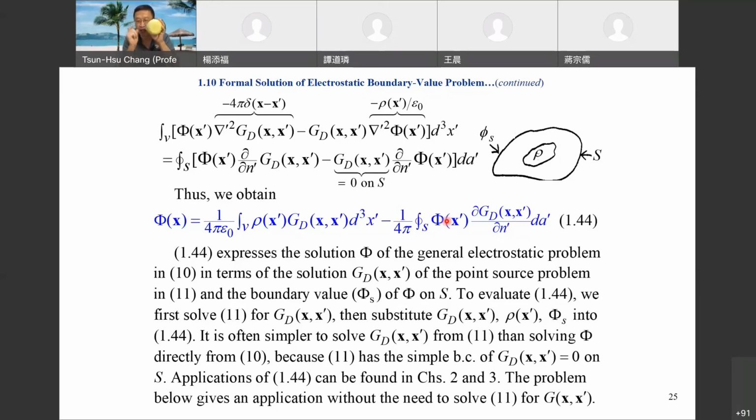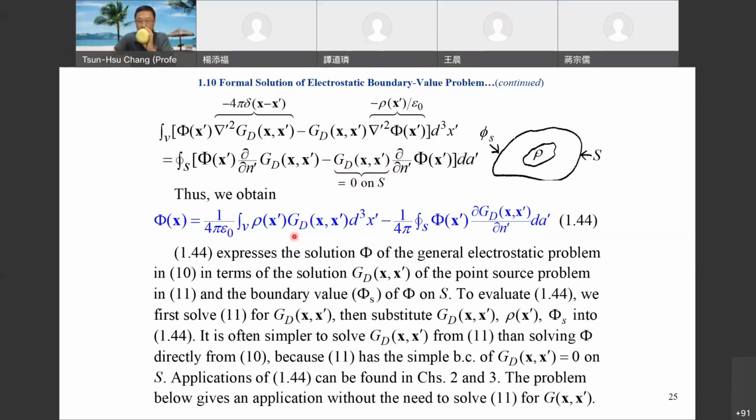Okay, in order to satisfy this boundary condition, the green function will be different, not as simple, because you impose two boundary conditions. One is the potential on this sphere is 0. Second, the green function on this sphere is also 0.